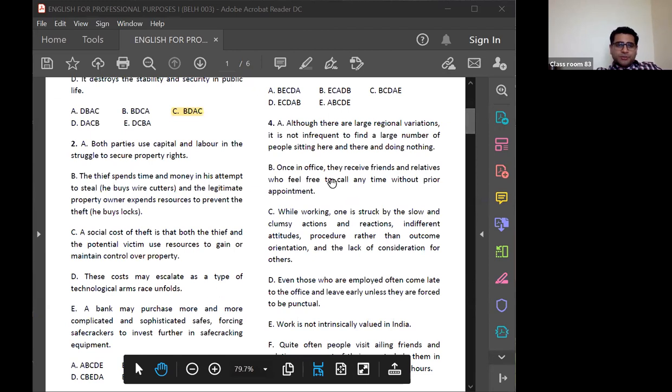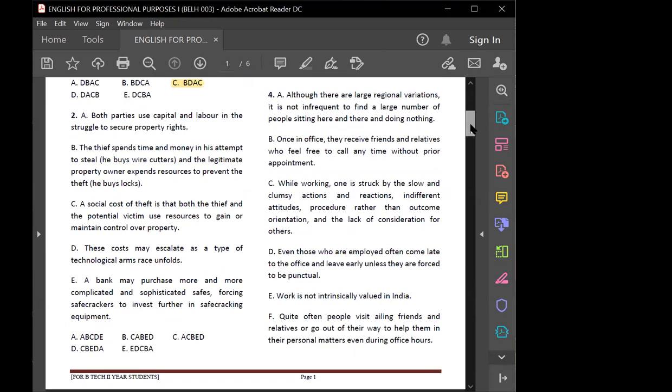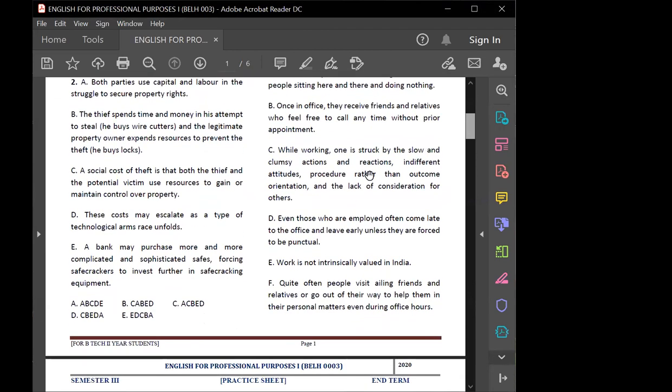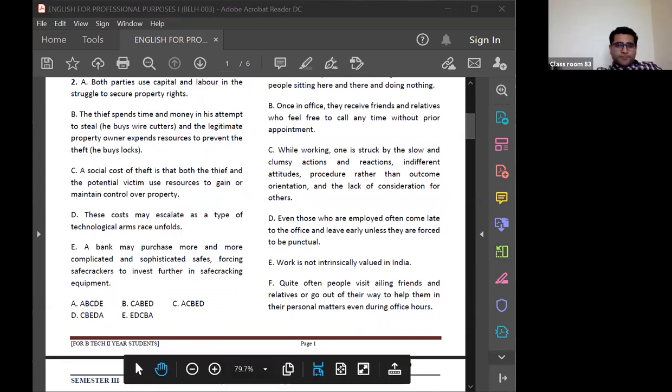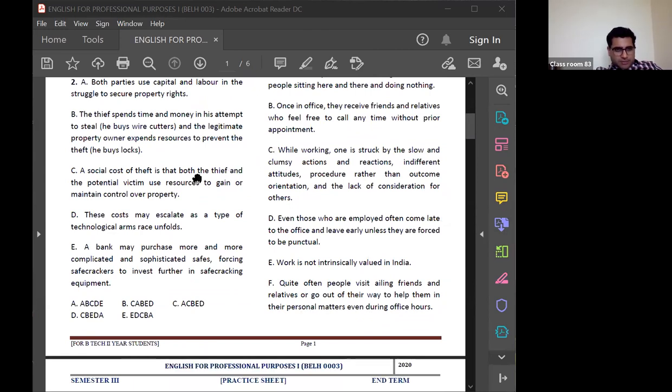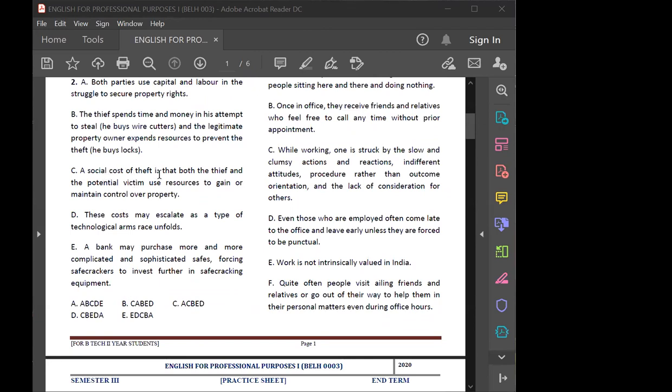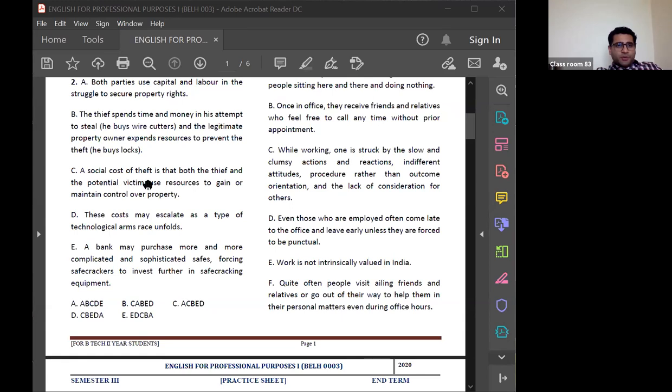CABED. Shubhanshi, is it clear to you? Sir. Tell me, did you go through his argument, Shubhanshi? So your answer was CB basically. Yes, sir. The cost of theft is for both the thief and the potential victim.